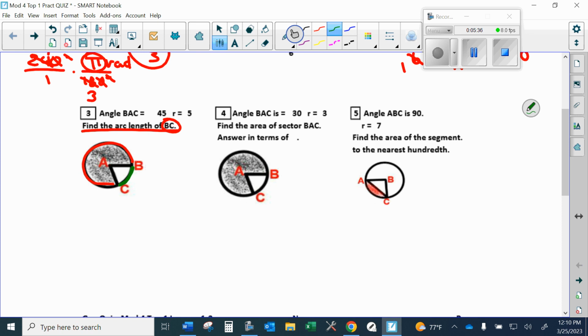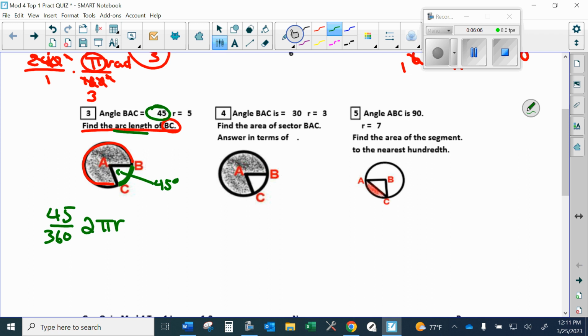All right, so angle BAC equals 45 degrees. And arc length is a fraction. So we have a fraction of the circumference. The circumference is 2 pi r. You should have that memorized by now. And it's a fraction of the 360 degrees. Well, what fraction is it? It tells me right there, 45 degrees.